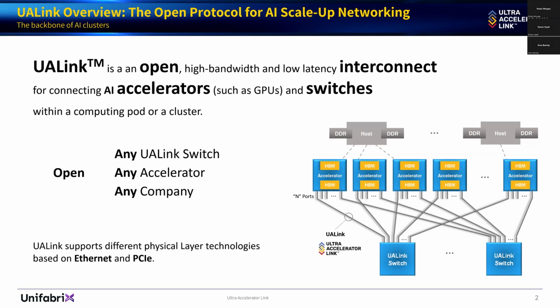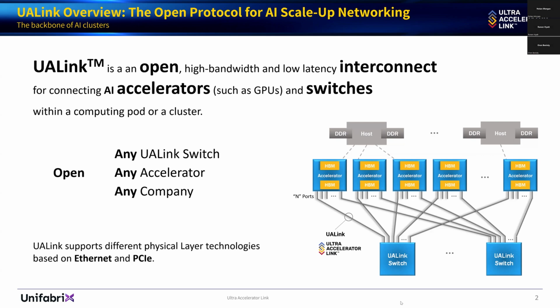So UALink is an open, high bandwidth, low latency interconnect, and it connects AI accelerators such as GPUs. GPUs is one type of accelerator, and switches within a compute pod or a cluster. So what we see here is a typical topology of a UALink cluster.